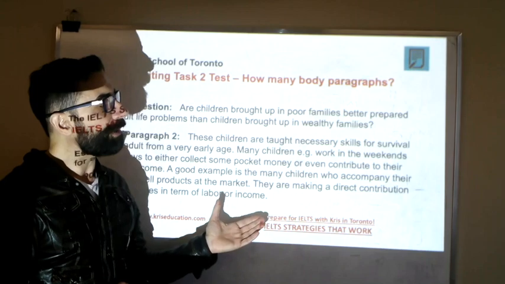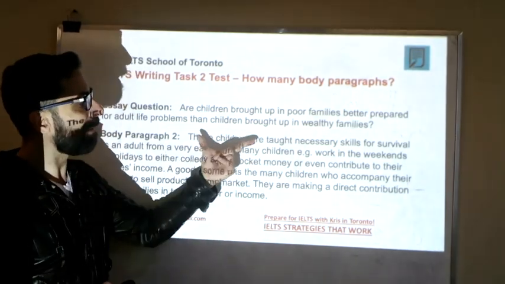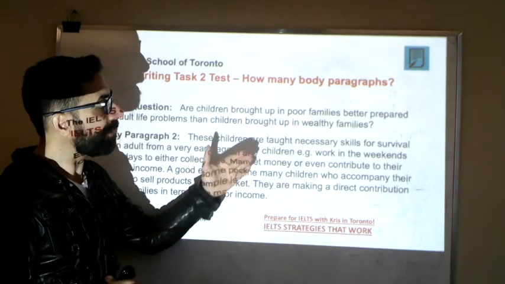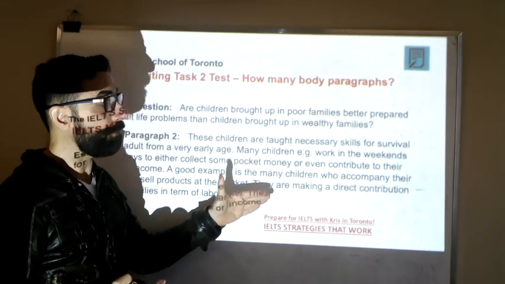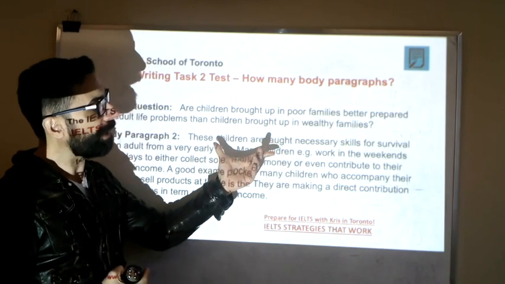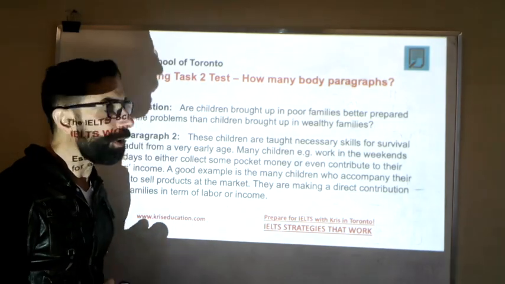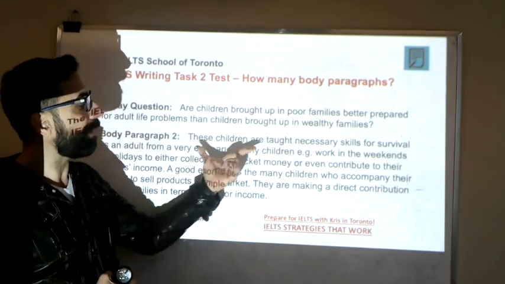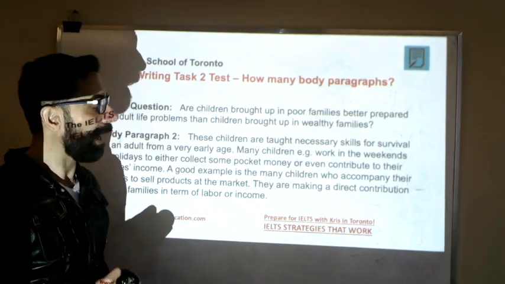Body paragraphs should be around 3 to 4 sentences, and again, in sentence number 1, you say something. In sentence number 2 and in sentence number 3, you explain further. It's a good idea to use a why and how approach. So why do you think this happens and how it actually happens?